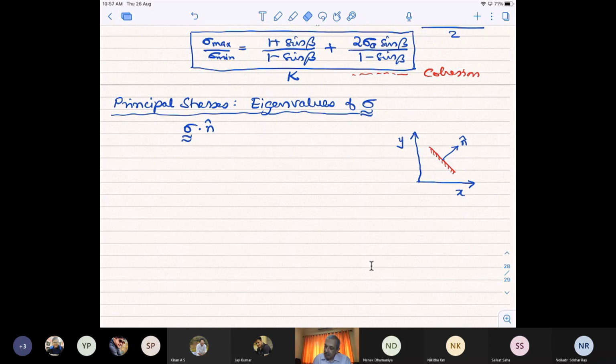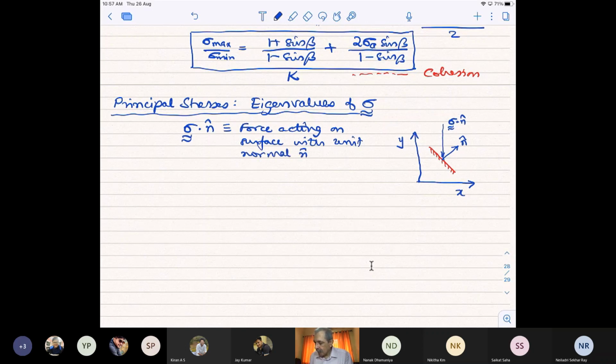So now what will happen is sigma dot n in general will give you another vector, right? So sigma dot n is a vector, and that is the force acting on this surface which has a unit normal n hat.